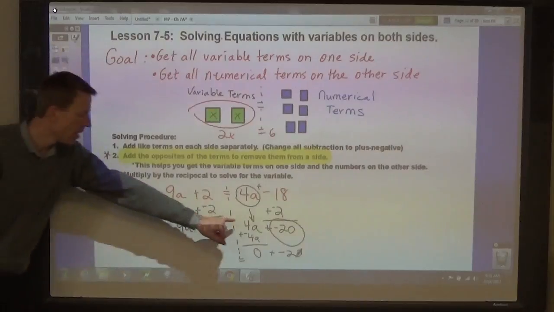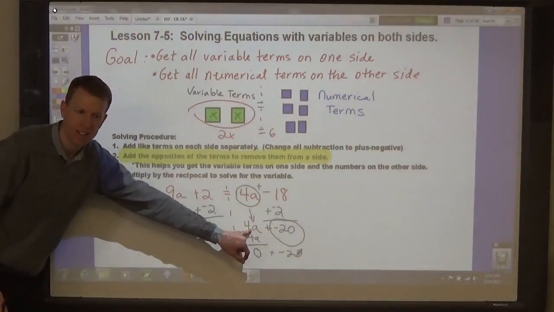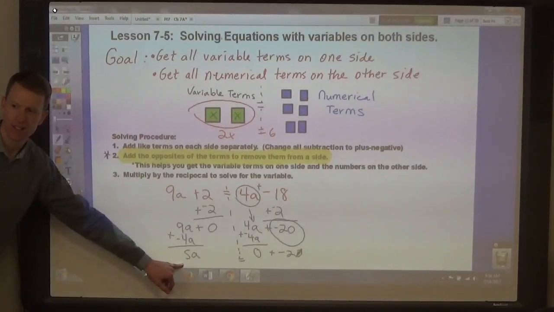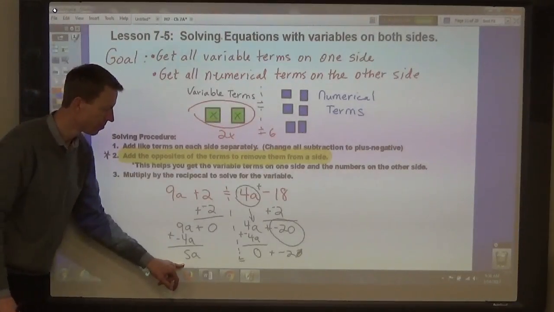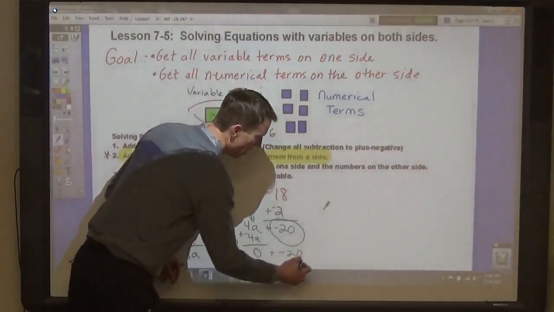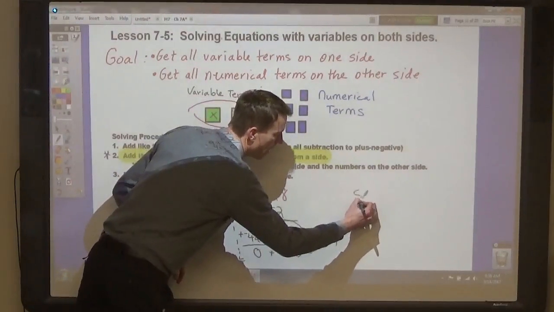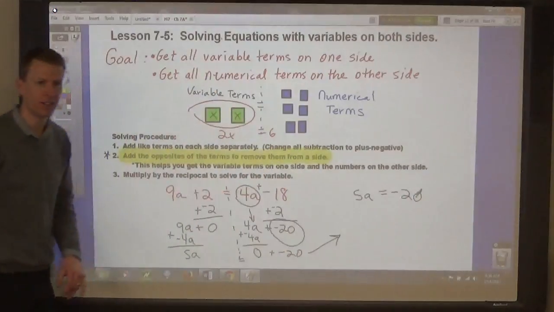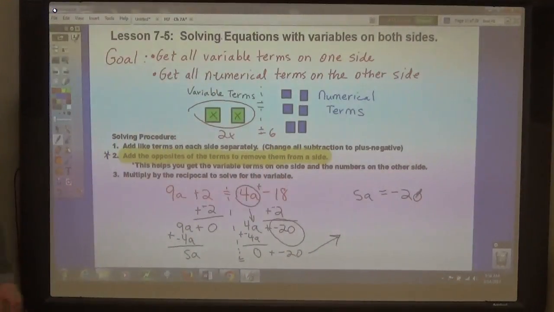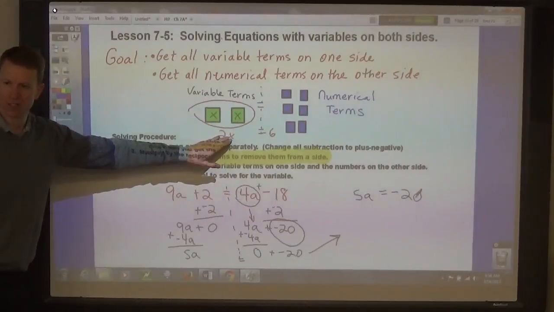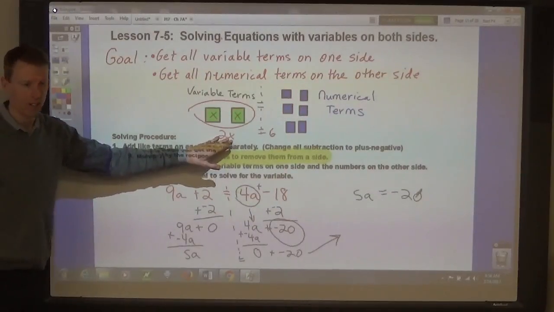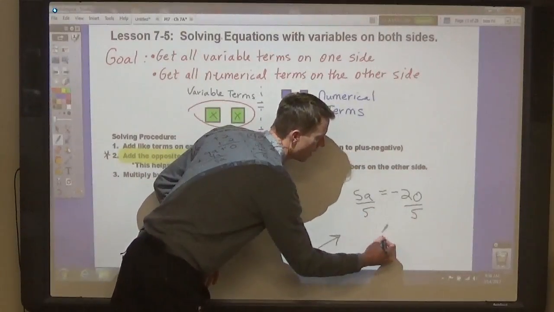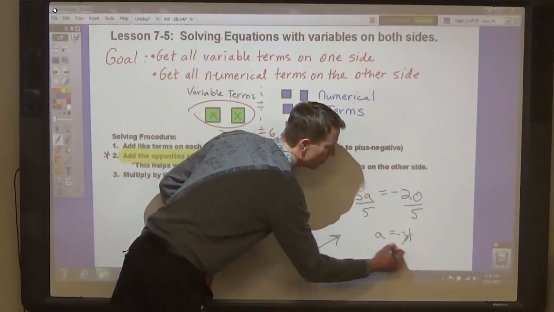We eliminated the 4a, and we have negative 20 left, and we have 5a on the left side. So now, we come over here, we have 5a equals negative 20. Is that true so far? Yeah. Now we have an equation we know how to solve. Divide it by 5, and a equals negative 4.